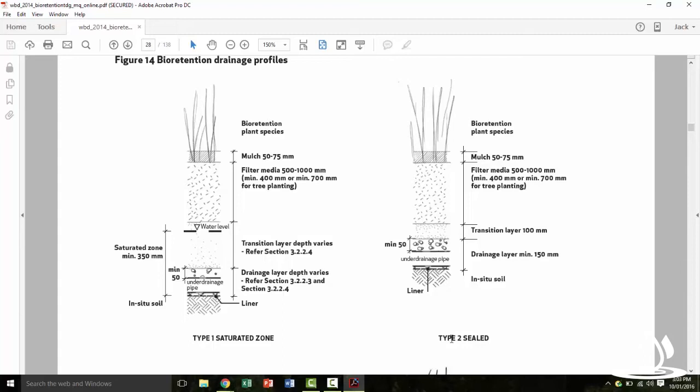So that liner is impermeable along the bottom of the system, but it also would extend some distance up the sides. Exactly how far might depend on the particular use, and I know you can't see it in this diagram, but it would extend some distance up the side of the system, depending on your exact use. So this would particularly get used if you had, say, dispersive soils.